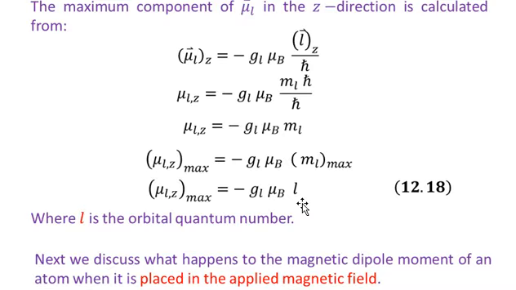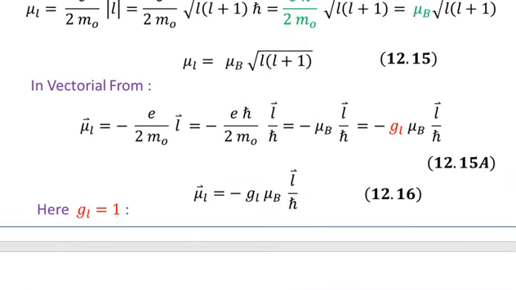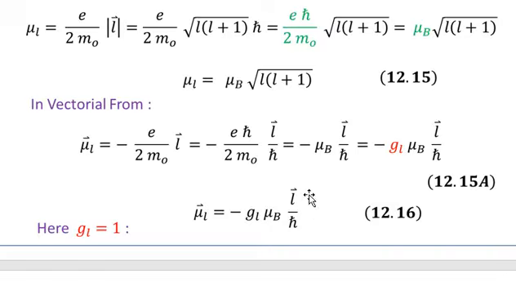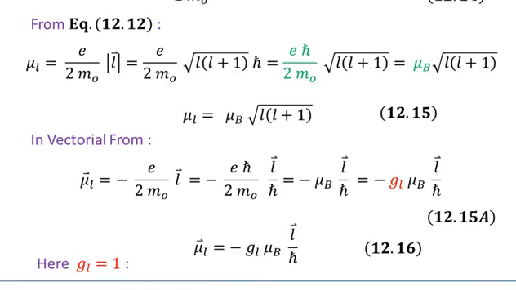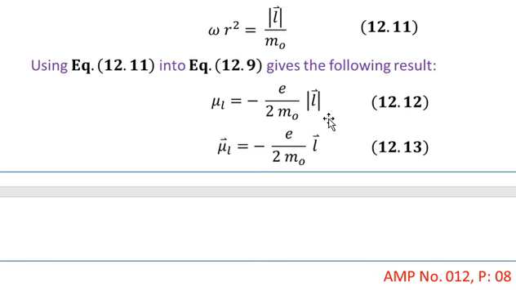You see that you can differentiate the quantum number L from the magnitude of the orbital angular momentum. Whenever I write the angular momentum, it will be written either in the vectorial form as shown in equation number 16, or I can show the orbital angular momentum in the magnitude form, as shown in equation number 12.